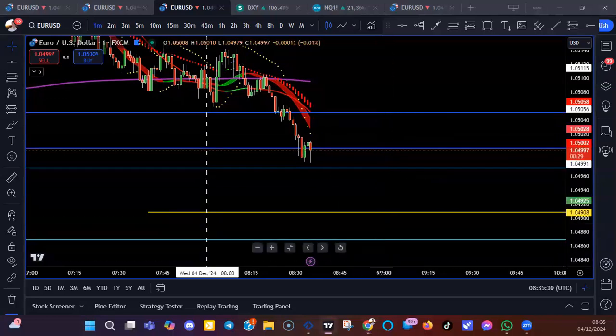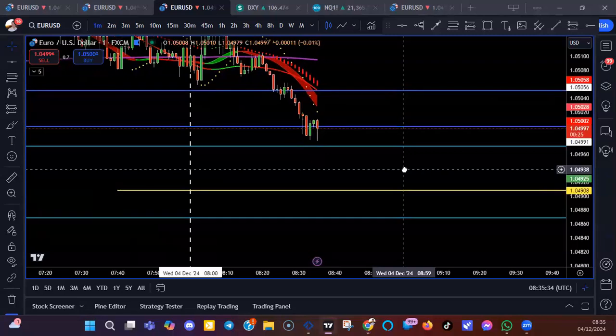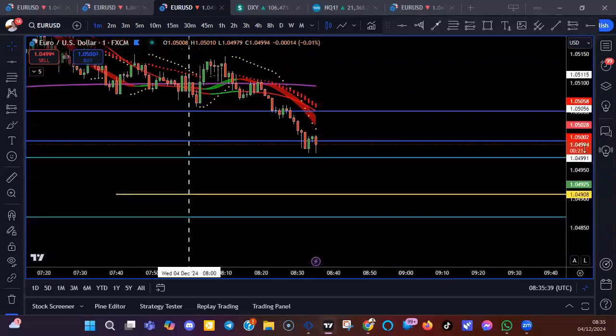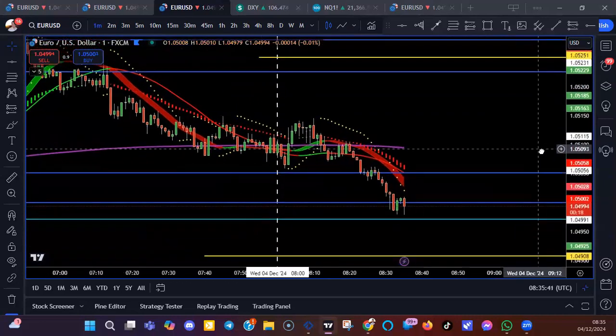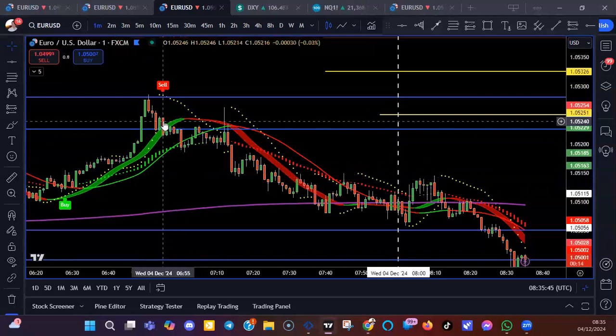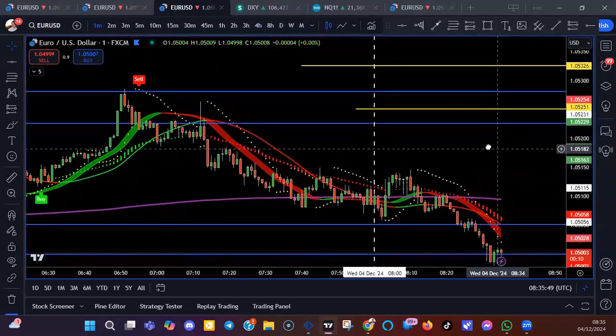Let's see if that has an effect. Today, at this time of the day, it seems to be still on that big sell from 5 to 6 this morning.